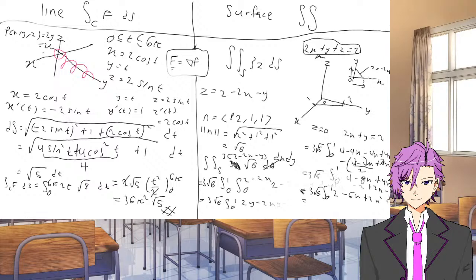So I think we'll just integrate straight from my calculator. 3 square root 6, integrate from 0 to 1, 2 minus 6x plus 2x squared. So the answer is 703 something. Huh. 703. Oh, it's not, that's 7.